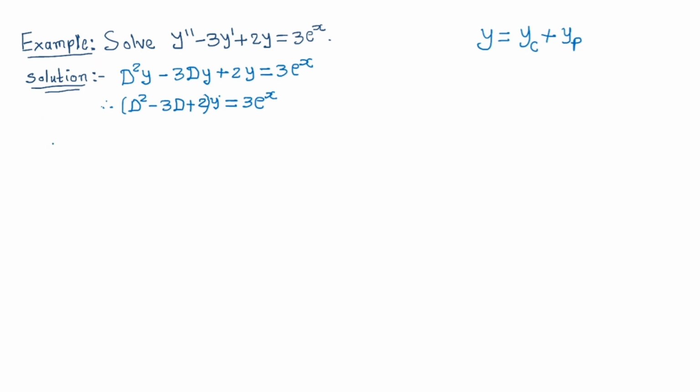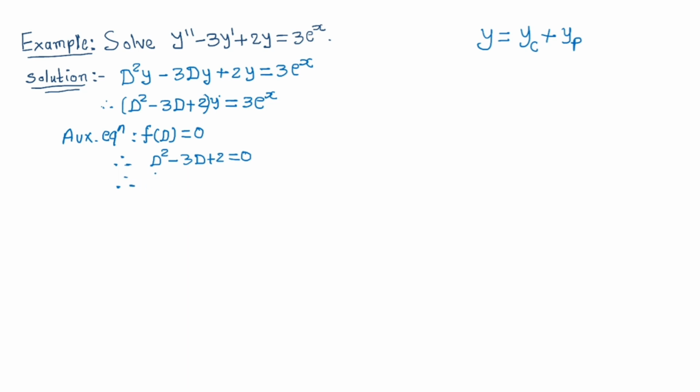We all know that the auxiliary equation is f of d equals 0. We need to equate f of d with 0, and right now f of d is d square minus 3d plus 2. Now we go for the roots of this auxiliary equation.